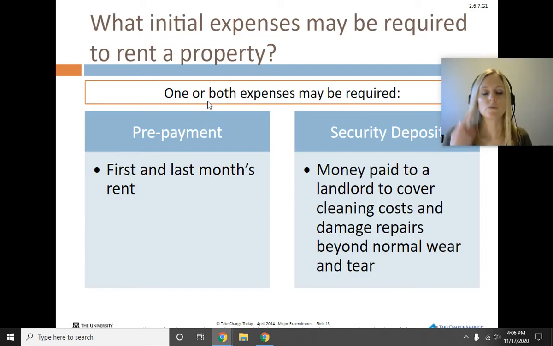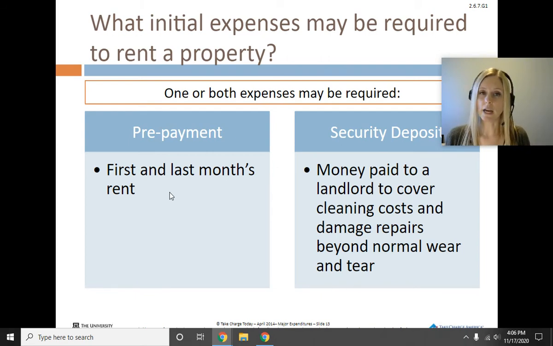Initial expenses. Whenever you have chosen a rental property and you're getting ready to move in, you may be required to pay a prepayment of first and last month's rent. That's very common. So if you're planning on living there a year, you're going to pay for January, you're going to pay for December. And then you don't have to come up with another payment until February, and you'll come up with a payment every single month.